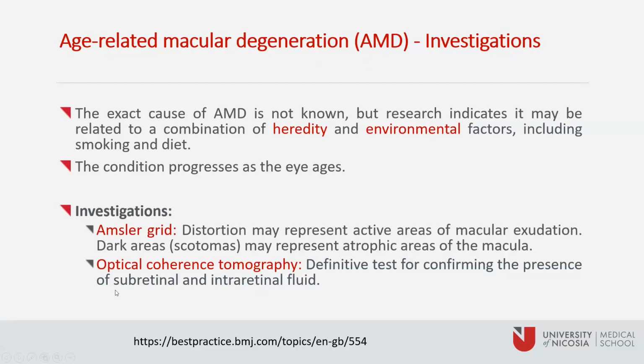If we have a later stage of AMD and we suspect subretinal or intraretinal fluid, we can perform optical coherence tomography, or OCT, a specialized test that shows you the structure of the retina, and you can see whether you have fluid or not. I'm going to show you in a minute what those look like.